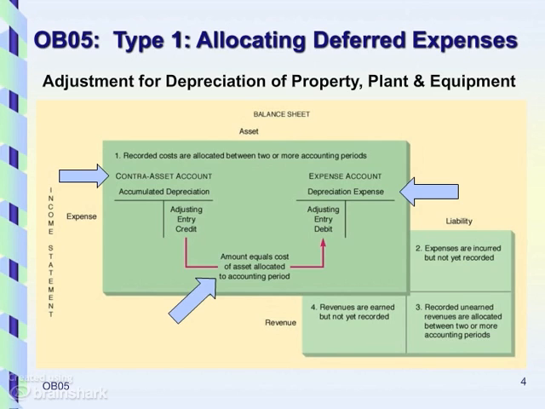You will notice here that in this adjustment, which is slightly different than the adjustment we just learned about, we're going to debit a depreciation expense account, and instead of the asset, we're going to credit what we call a contra asset account. Again, the debit and the credit will be for equal amounts, and the idea would be to show how that asset is being used up during that accounting period and applying the matching rule.